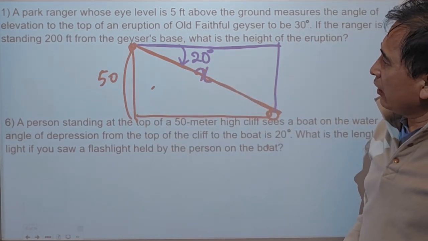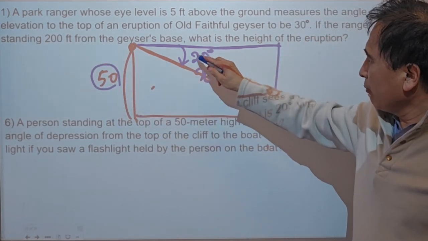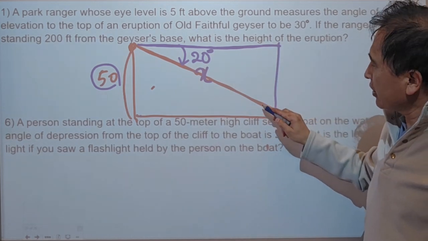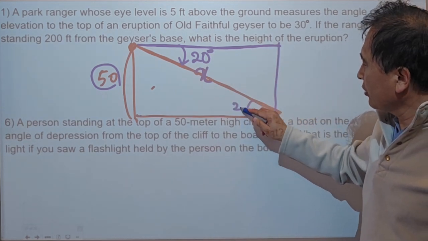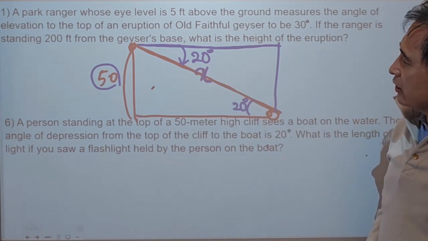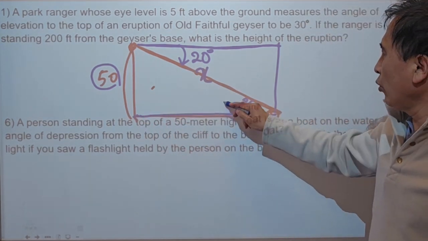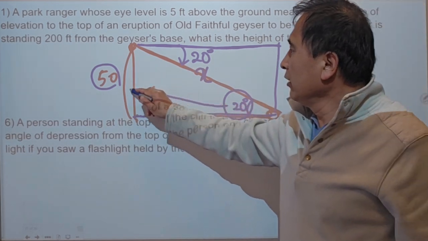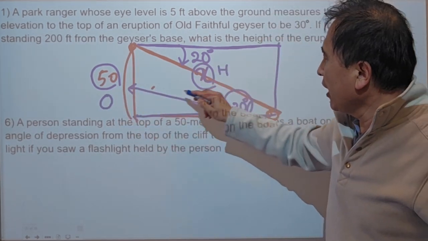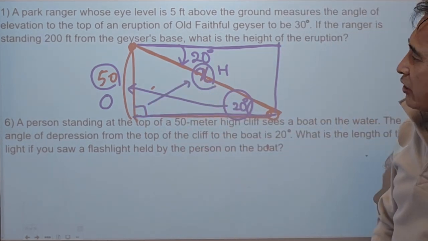So first, this is a 50. Because the top and bottom triangles are right triangles, this is also 20 degrees, congruent, since these are alternate interior angles, so they should be the same, right? In this right triangle, we see the 20 degrees here. This is the opposite side. This is the hypotenuse, because the right angle is here, and opposite of the right angle is the hypotenuse.